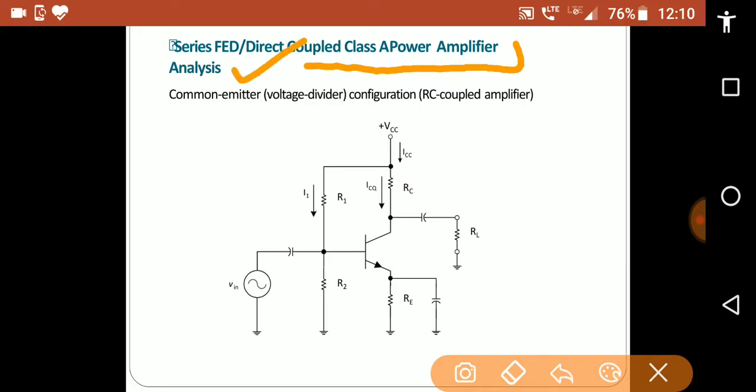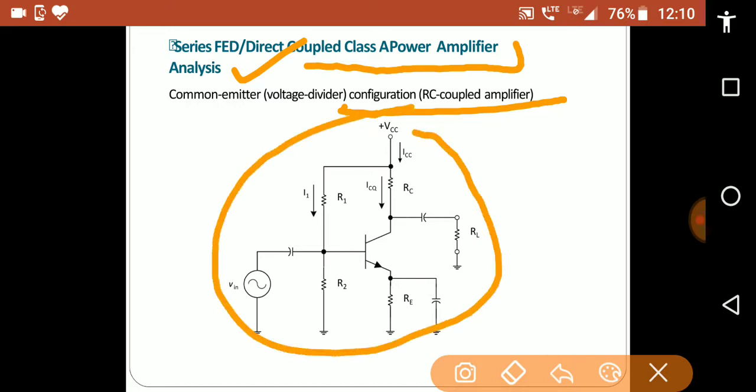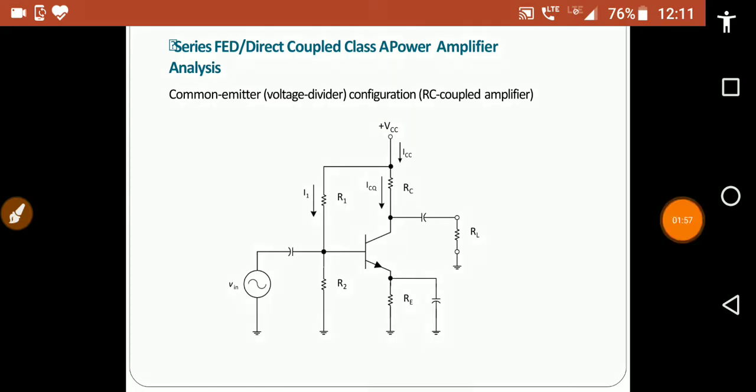This is the common emitter or voltage divider configuration, which is also known as RC coupled amplifier, and this is the circuit diagram of the RC coupled amplifier.